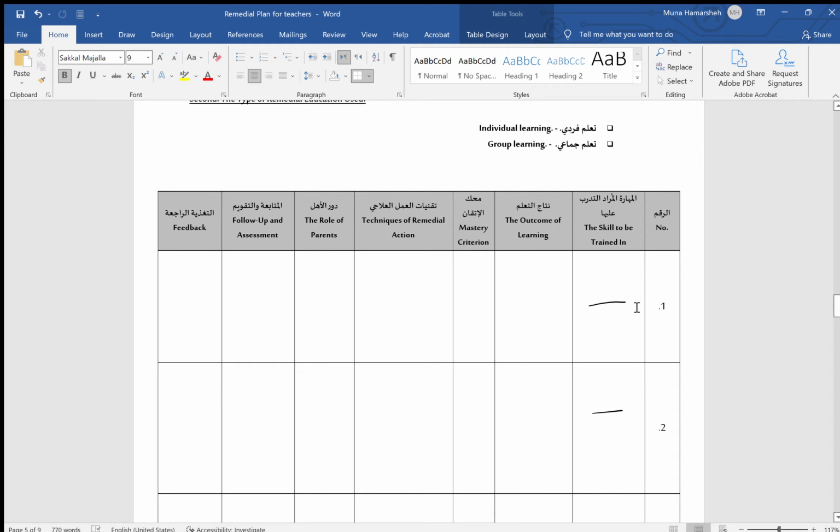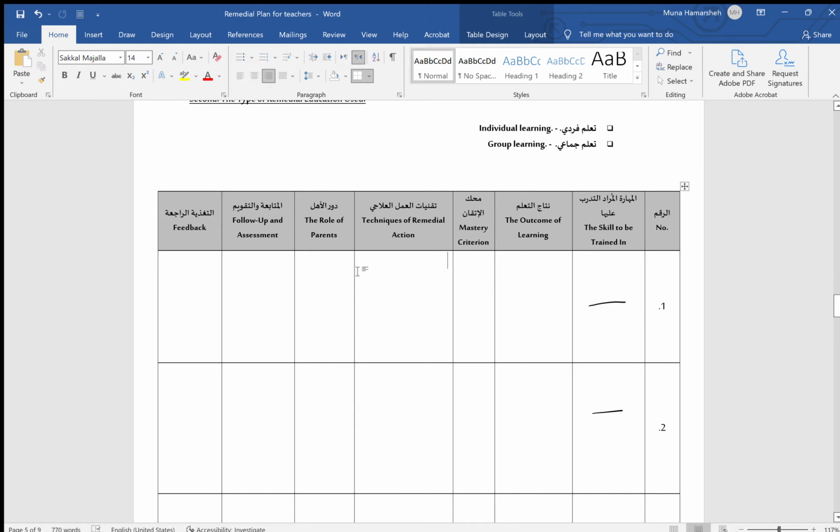Here you will put the skill and then you will write: students should be able to explain the role of the veins, for example, and to differentiate between veins and arteries. What's the criterion here, or the mastery criterion? It's 70%. How will you remedy this skill?